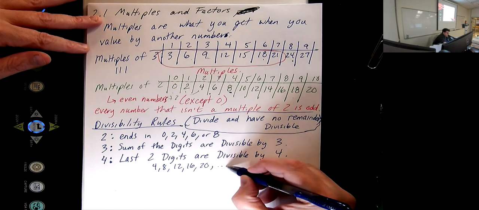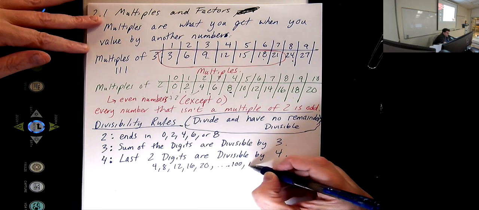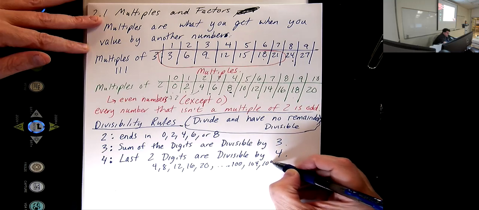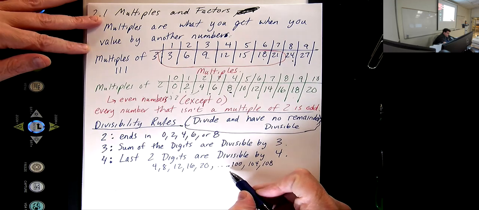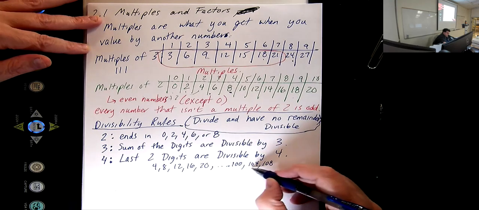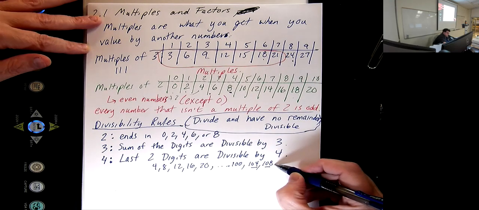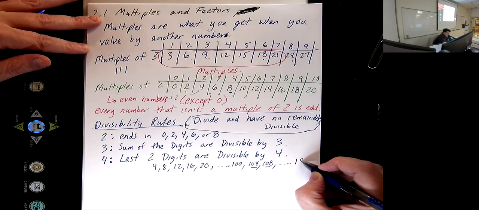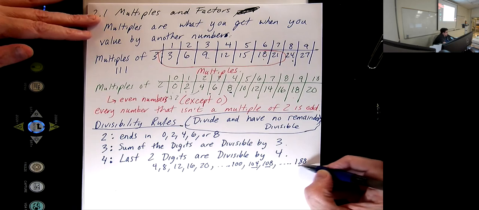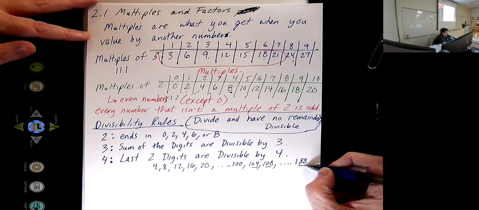You'll do this all the way up to 100 and then you start repeating: 104, 108. So as long as you know the first 24 are divisible by 4, and they all are, then you just look at the last 2 digits. If I go up to 188, it's divisible by 4 because 88 is divisible by 4.